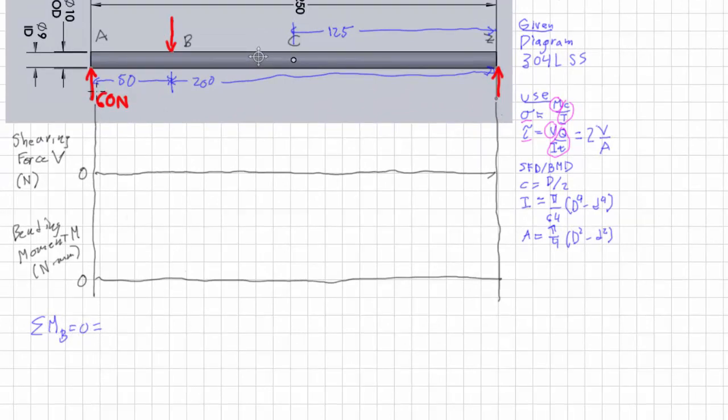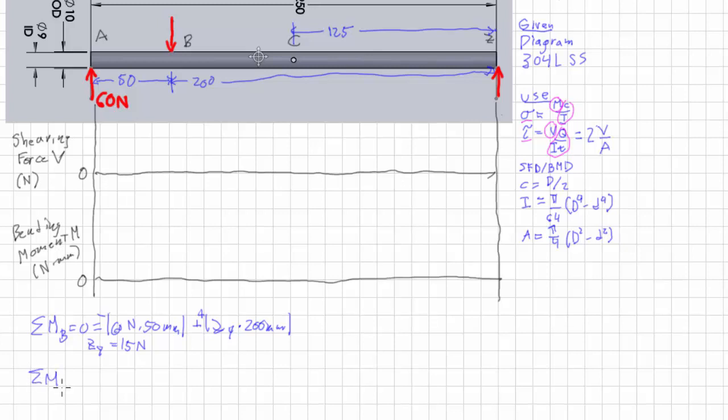Now it's going to be 60 newtons times 50 millimeters, and then ZY times 200 millimeters. ZY is counterclockwise, 60 newtons is clockwise, so we get ZY equals 15 newtons.